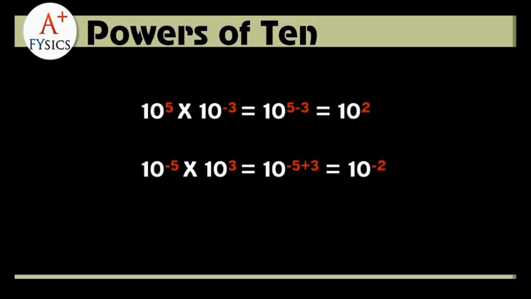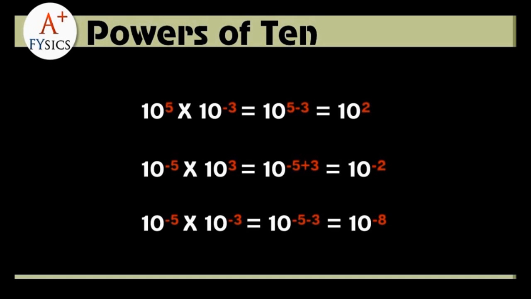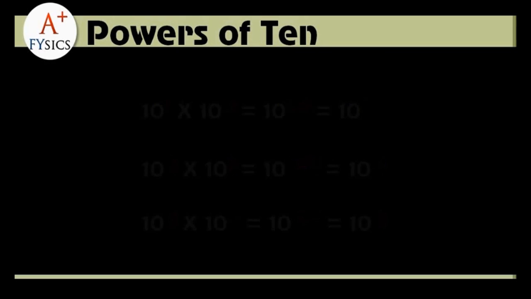And finally, 10 to the power of minus 5 multiplied by 10 to the power of negative 3 is 10 to the power of negative 5 plus negative 3, which is 10 to the power of negative 8.